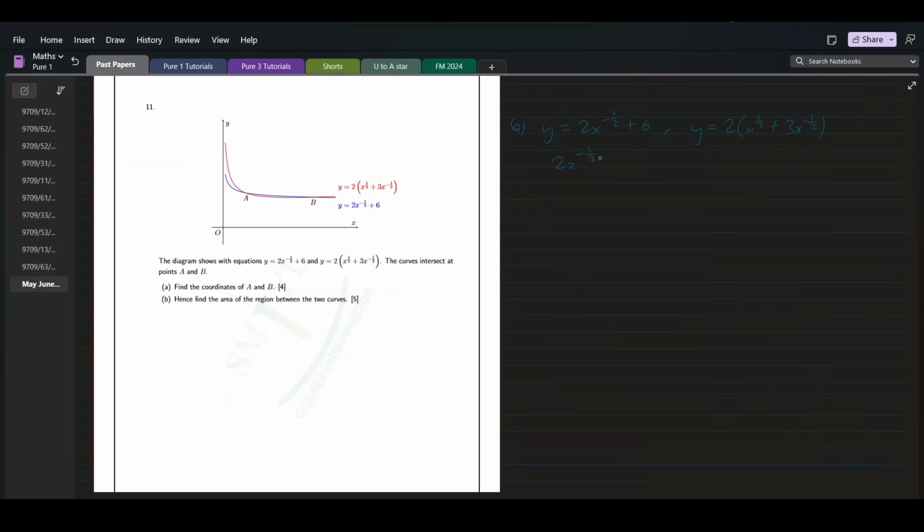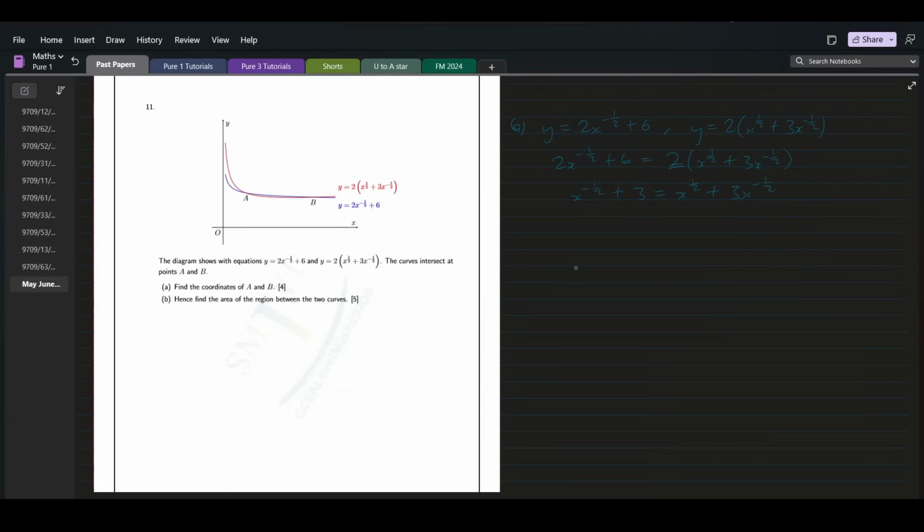Let's divide both sides by 2, so this would be x to the negative half plus 3 equals x to the half plus 3x to the negative half.